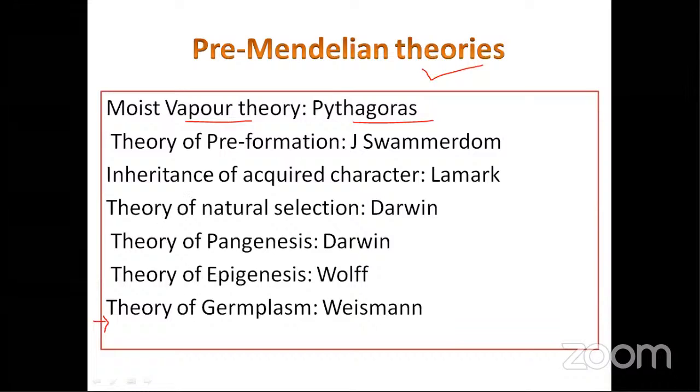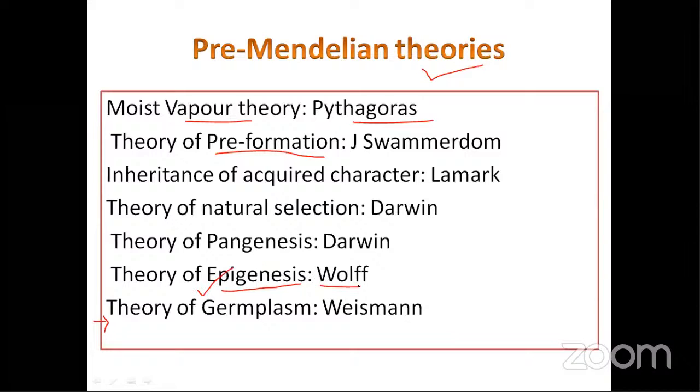This preformation theory was replaced by the theory of epigenesis. The theory of epigenesis was given by Wolf. There is a little problem with the order I have mentioned over here, but when the theory of preformation was discarded, the theory of epigenesis took its place.